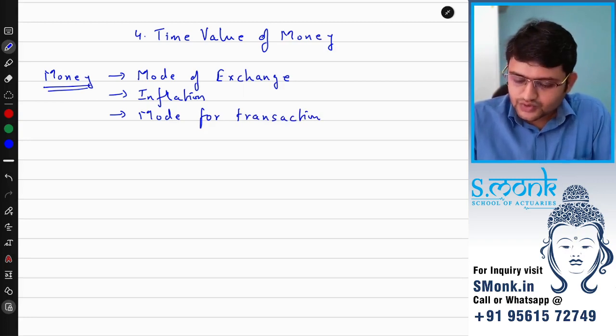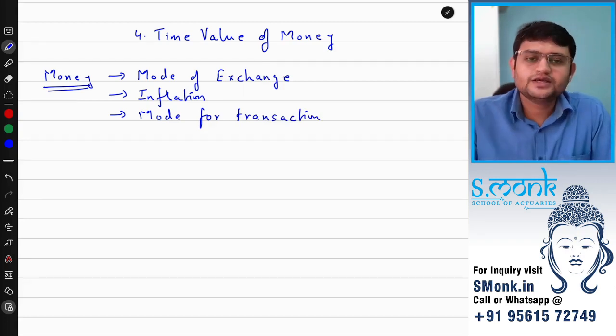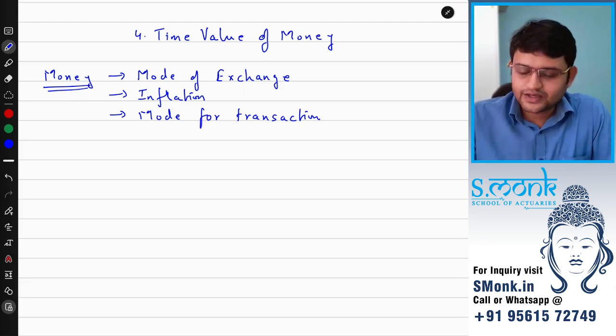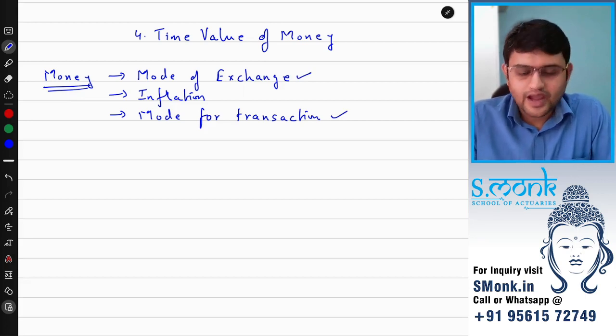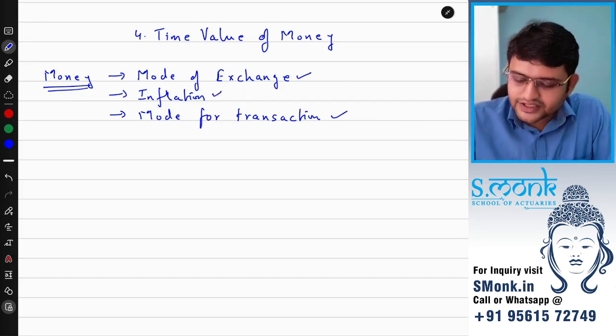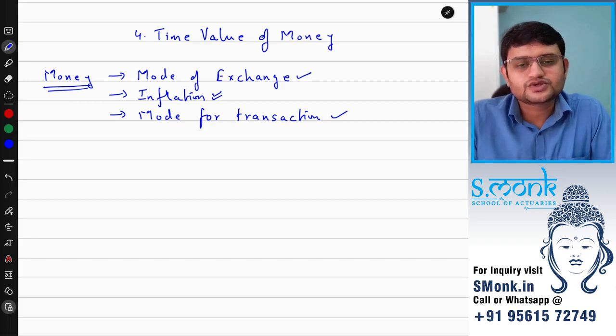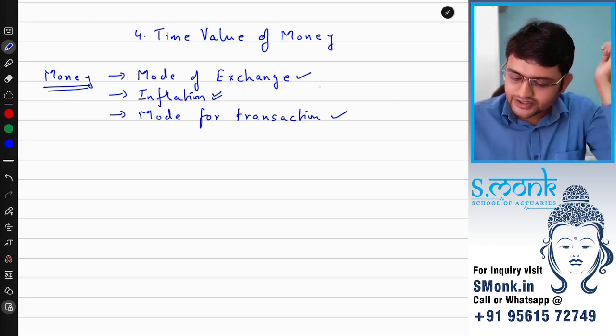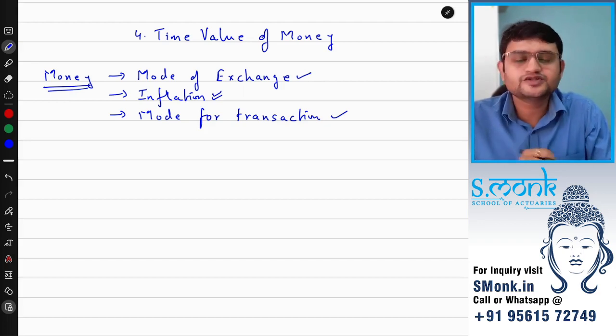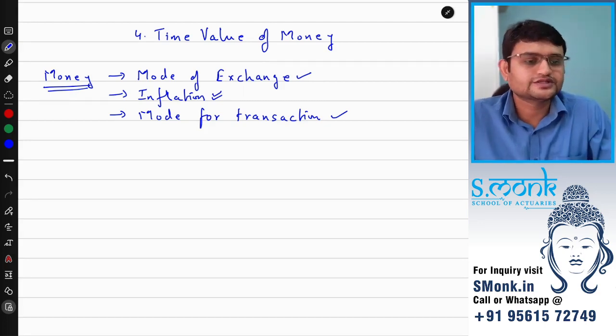So money here we are saying is mode for exchange or mode for transaction, and it is related to inflation. Inflation we'll talk about later, but the other two, yes, whenever I say money, it is mode of exchange, it is mode for transaction.